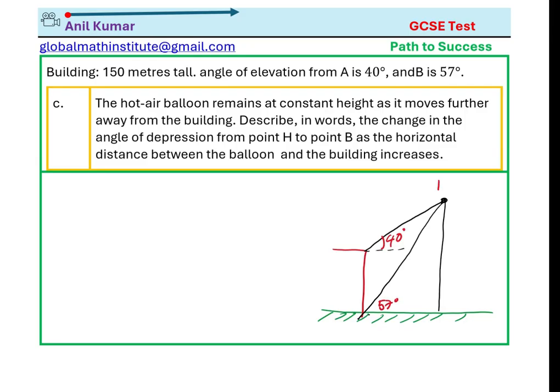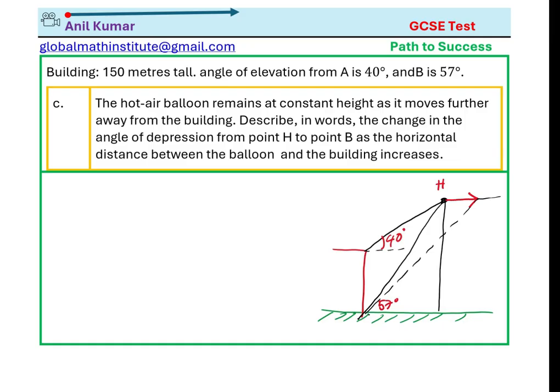So now what is happening is this balloon is moving right, but at the same height, 400 odd, which we just figured out. The question is, as it moves, what is the angle of depression? So let's say if it moves now, what is the angle of depression? Angle of depression is the angle which is made with the horizontal line. You get the whole idea?